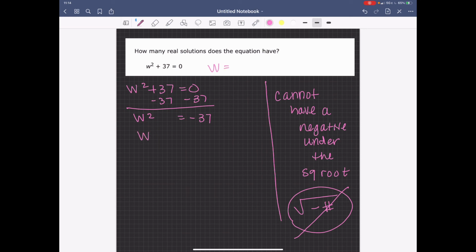So now I say w equals a positive and a negative square root of negative 37. Here's what you need to know. Since we cannot have a negative number under a square root, we can say that this is not a real solution.